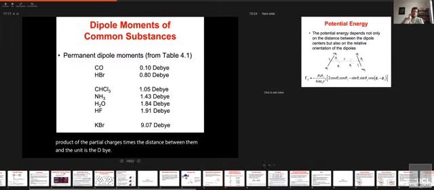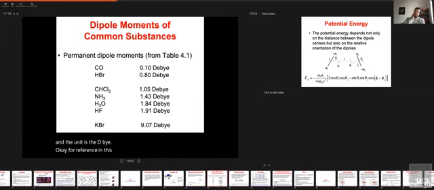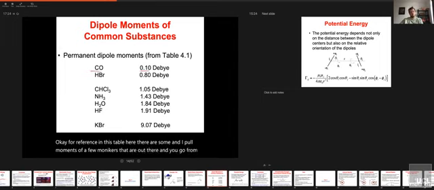For reference, in this table here, there are some dipole moments of a few molecules that are out there, and you go from carbon monoxide, which is about 0.1, all the way to water, 1.84 debye, and then if you take ion pairs, you have dipole moments that are particularly large. There are many other substances out there.